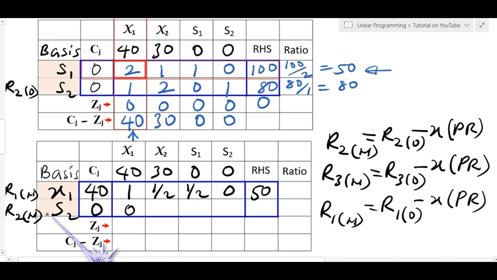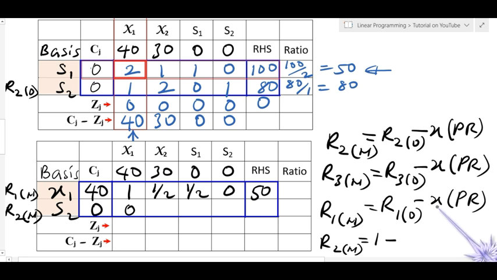So for example, this is our R2 new. Talking about this point here, for this place to be 0, that will be equal to our R2 old, and our R2 old is this 1, minus a factor. This x is a factor.